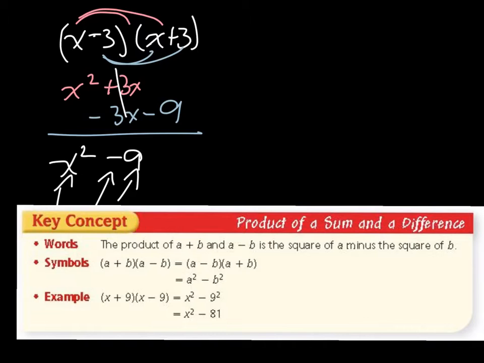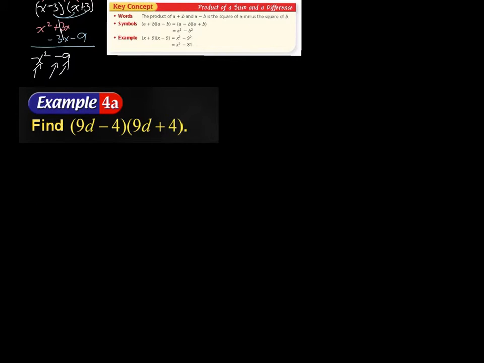So if we have the product of a plus b and a minus b, that middle term always drops out, so all we're going to have is a squared minus b squared. Or if it's x plus 9 times x minus 9, our final solution is going to be x squared minus 81, and you're done. So this goes very quickly.